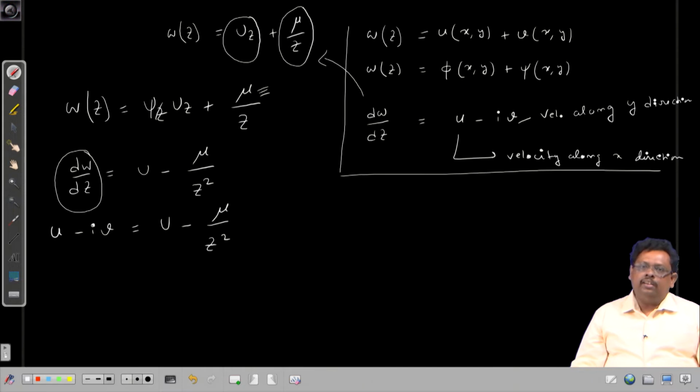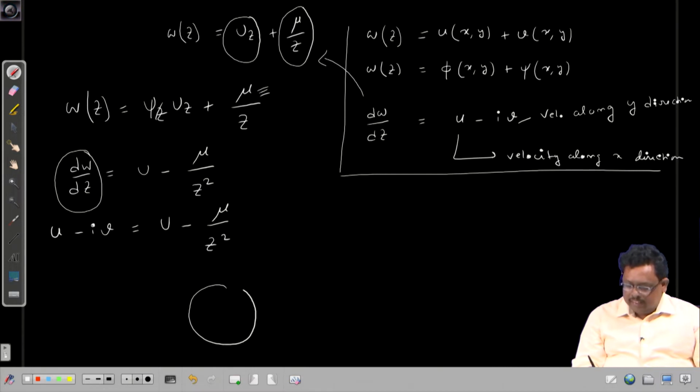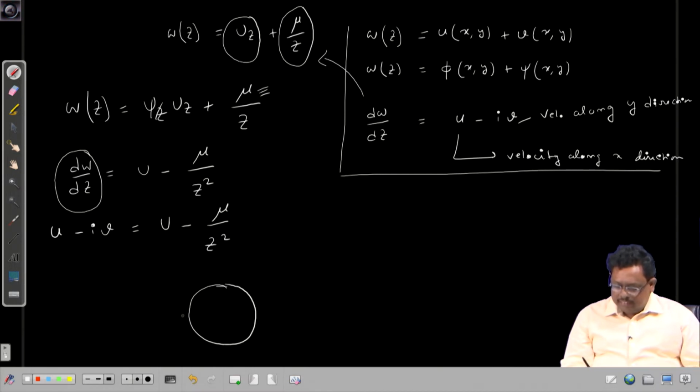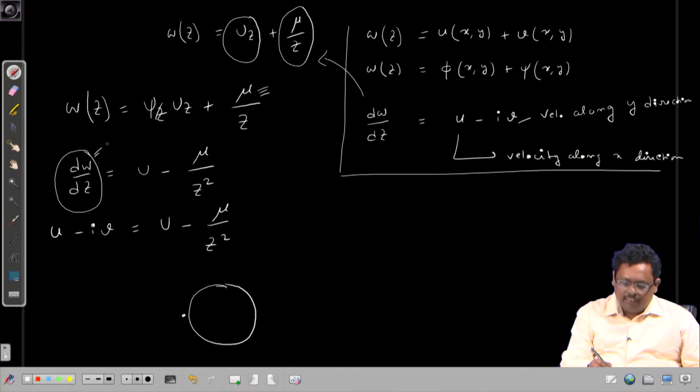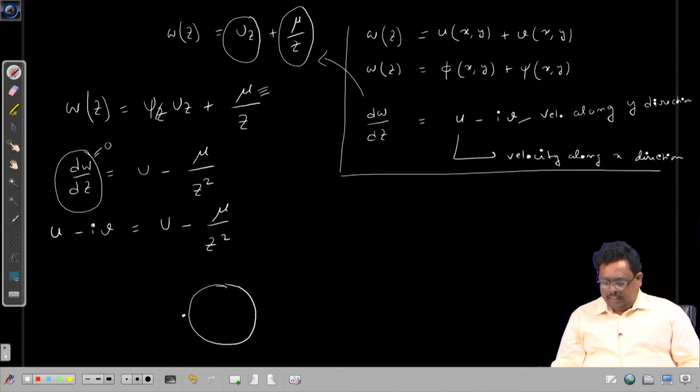Now, let us try to find out the stagnation point. What is the stagnation point? Suppose it is on the cylindrical surface, where the velocity is equal to 0. There is no velocity in the u direction, there is no velocity in the v direction. So, essentially dW/dz should be equal to 0, right.